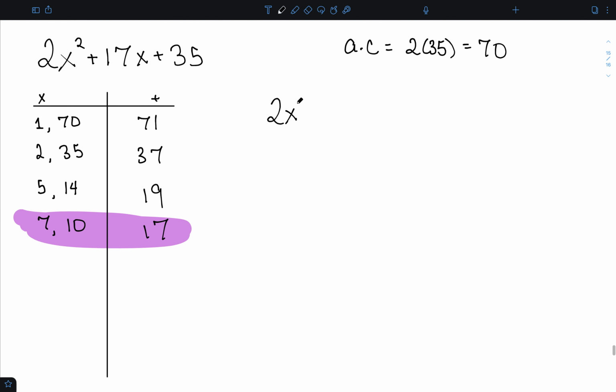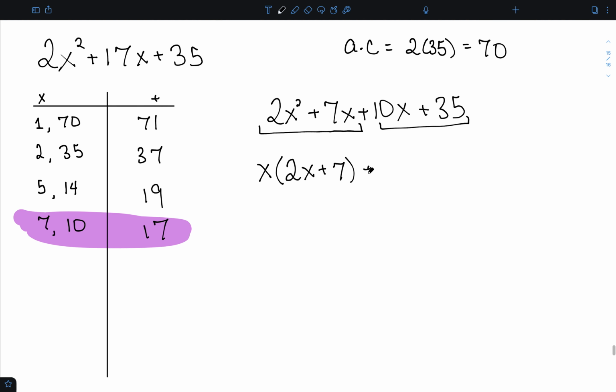Our next step would be to rewrite this as 2x squared plus 7x plus 10x, where we got the 7 and 10 from our table, plus 35. These first two terms have an x in common. That leaves me with a 2x and then a 7.